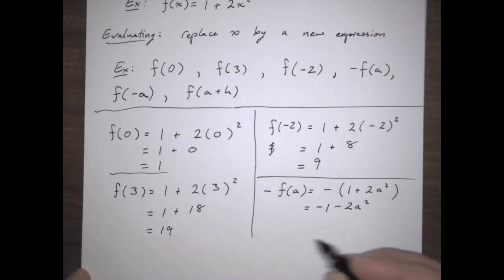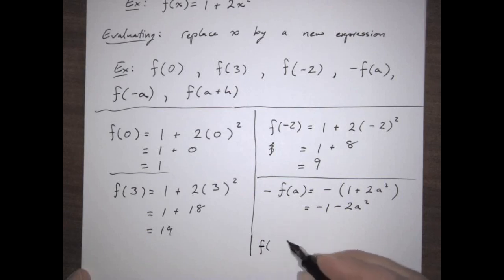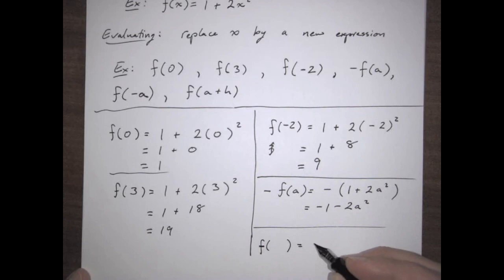Now let's go down one more. The next one is f of negative a. So no matter what the input is, f of whatever it is going to be 1 plus 2 times whatever that is squared.